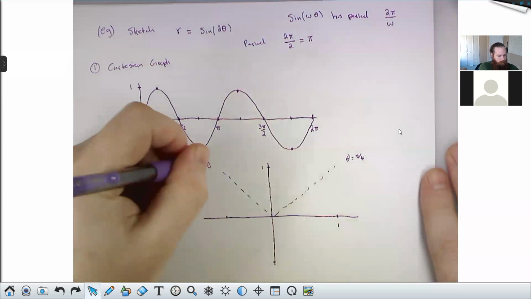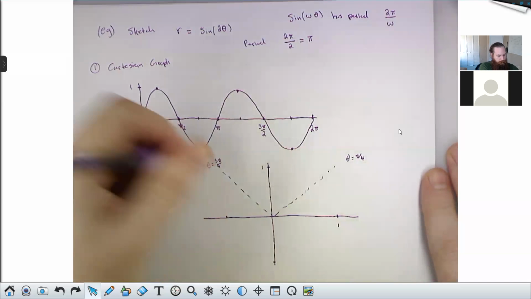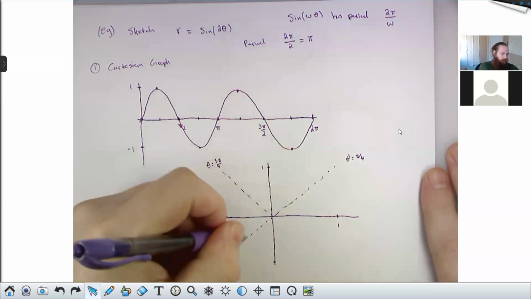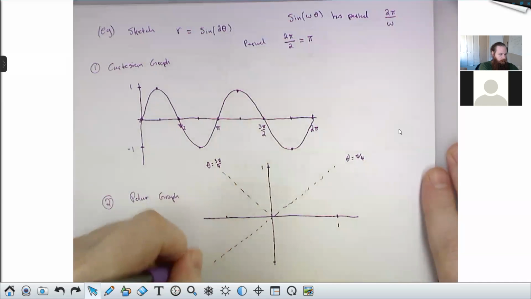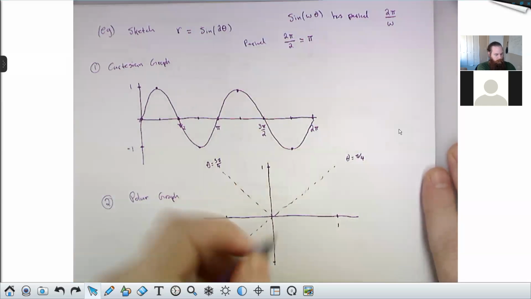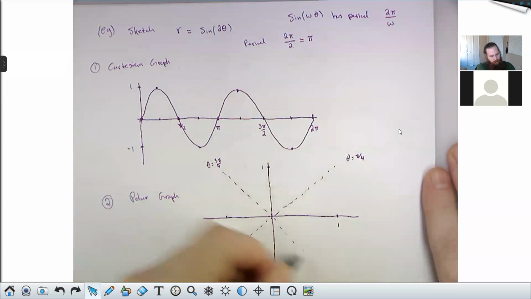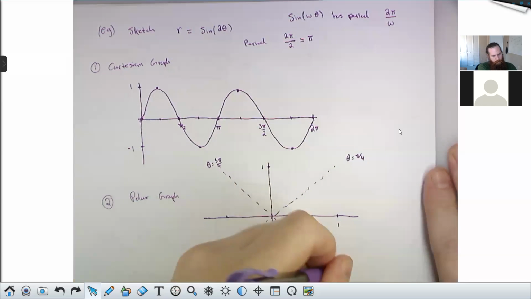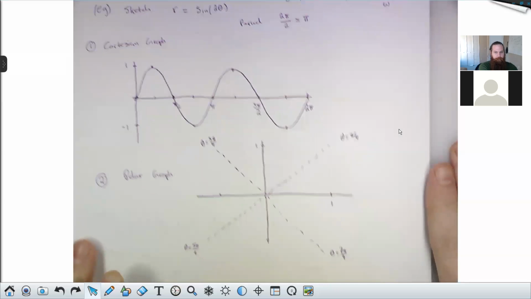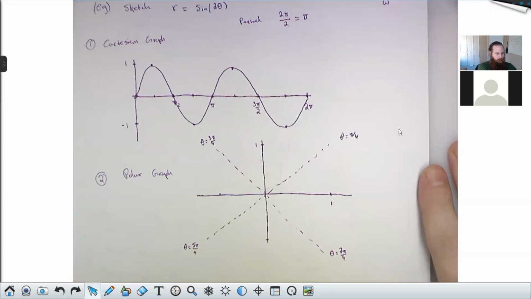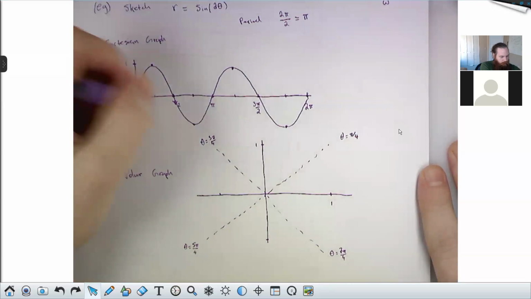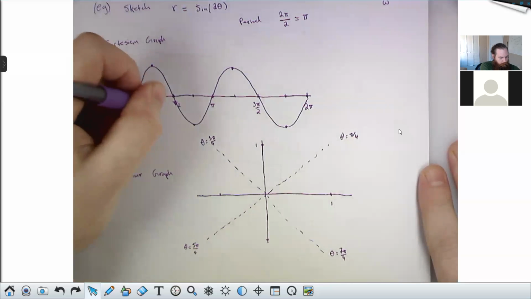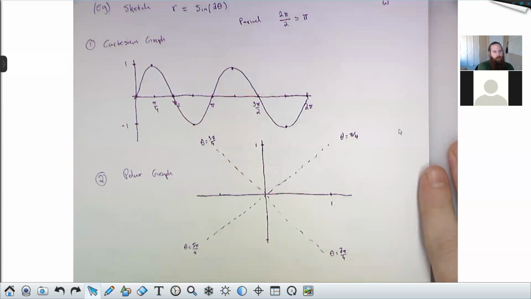This is theta equals 3 pi over 4. Theta equals 5 pi over 4. And this one would be theta equals 7 pi over 4. Remember, this is pi over 4 here, halfway between 0 and pi over 2.